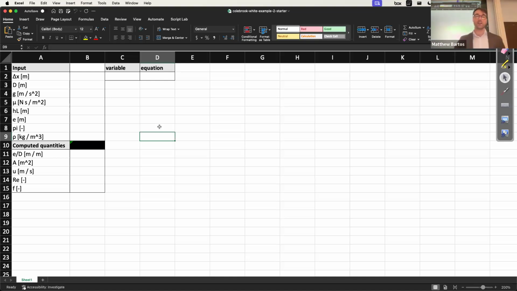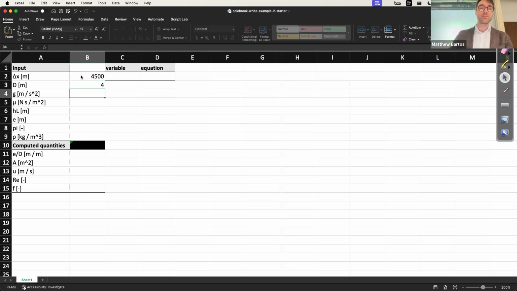So I'm going to start with our inputs here. What is the length of the pipe delta X in meters? 4,500. The diameter is 4 meters. Acceleration due to gravity is 9.81.